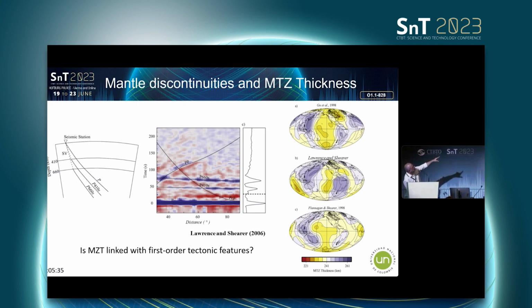In the middle of this slide, you can see how strong some of these contrasts of density are. The first, the blue color, corresponds to the crust. The second, the red anomaly, corresponds to the lithosphere-asthenosphere boundary. And later you see a small weak blue anomaly at 410. Once again, weak at 660 kilometers depth.